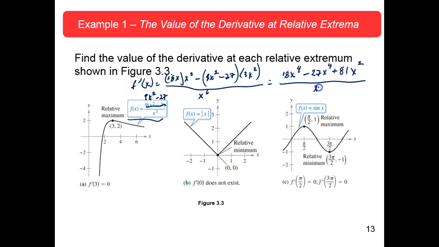And then we can get rid of the 18 and the 27 and just get minus 9x squared.